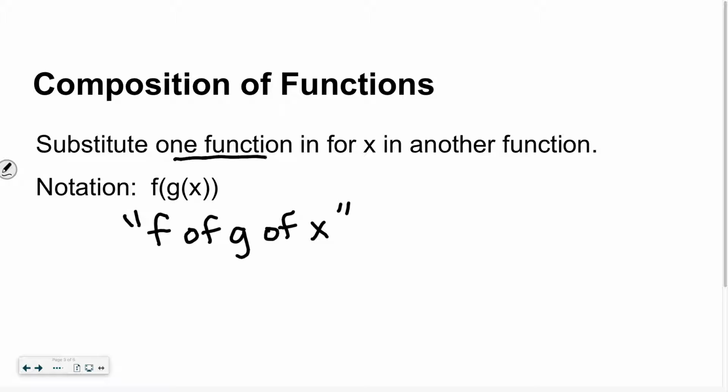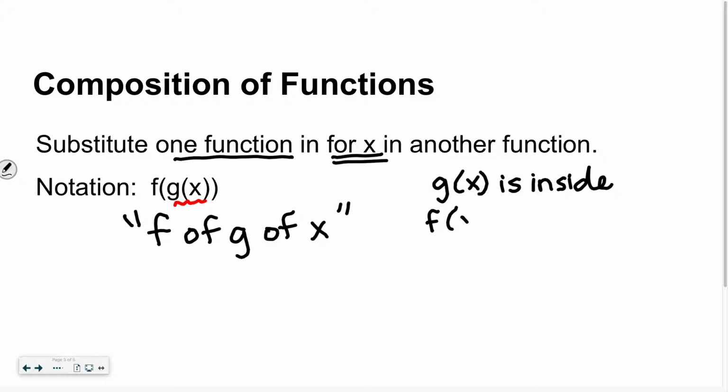Because we're putting one function in for x in another function, you see that as g of x inside of f of x. So you'll hear me talk about inside and outside functions. So in this case, g of x is on the inside, so that's the one we're substituting.